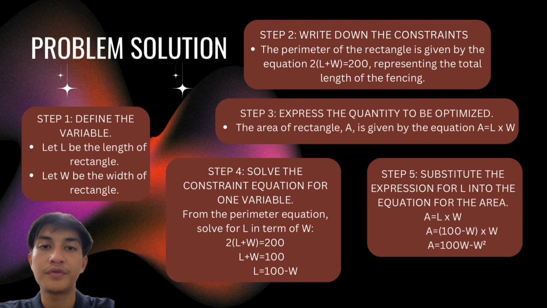Step 4 is solve the constraint equation for one variable from the perimeter equation. Solve for L in terms of W. 2 in a bracket L plus W is equal to 200.